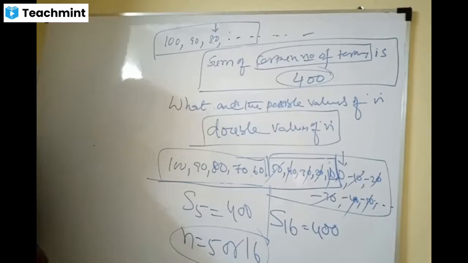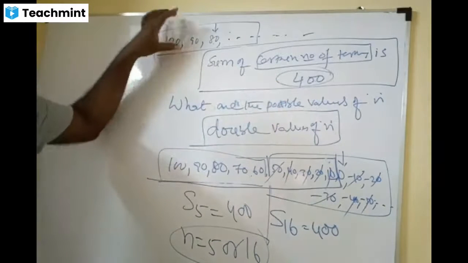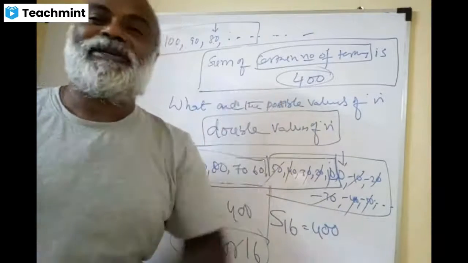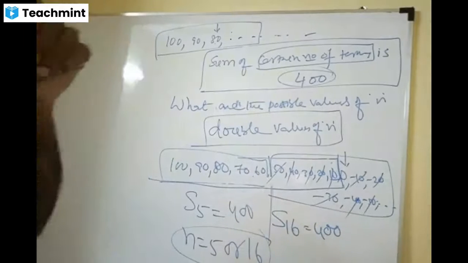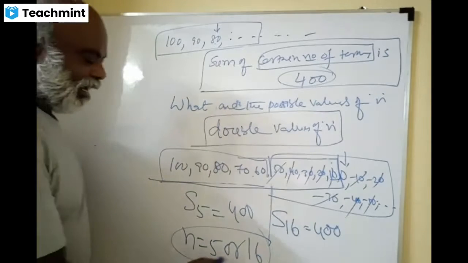Yes, sir. Sum of a certain number of terms is 400 for this AP. This is possible only for a decreasing series. Note down this point. This is possible only for a decreasing series. You will have two values for n. So n is 5 and 16.